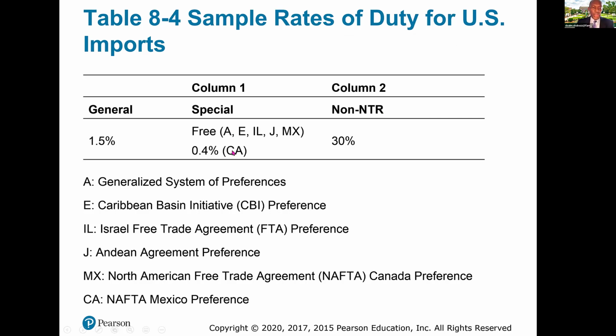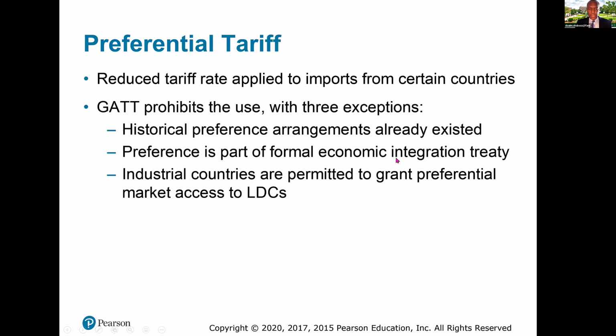If you have normal trade relations, you pay this percent. If you don't have normal trade relations, then you pay a much higher percent. It's kind of a source of protectionism. And for some entities, it's free. And so you have a lot of different levels of how these taxes are assessed.